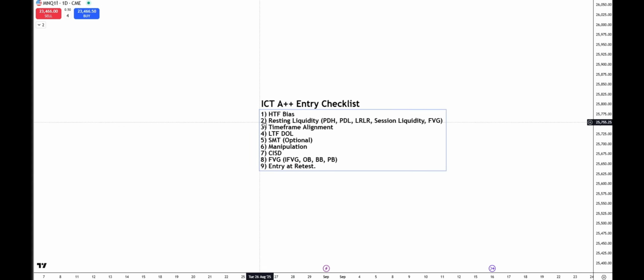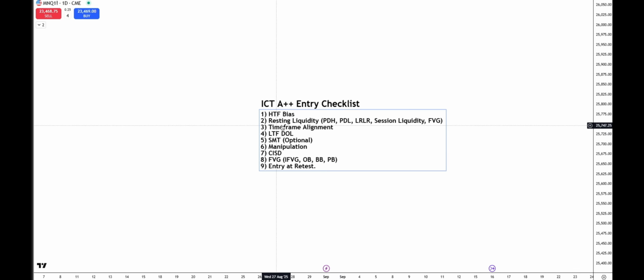Second, I need to see resting liquidity, which will be my previous day high, previous day low, which are my important levels with low resistance liquidity, session liquidity, fair value gaps. These are the liquidity that I look for price to eventually reverse, continue, or chop.